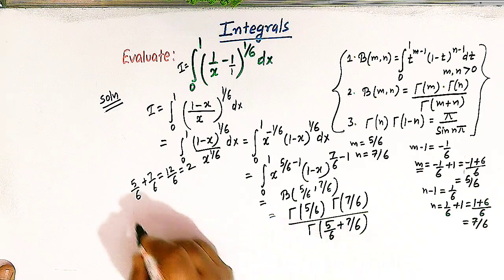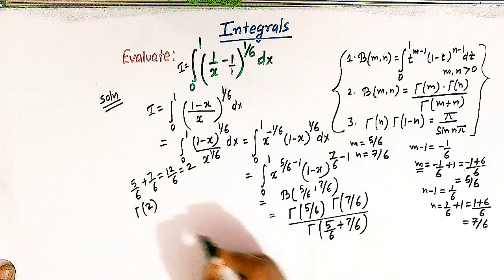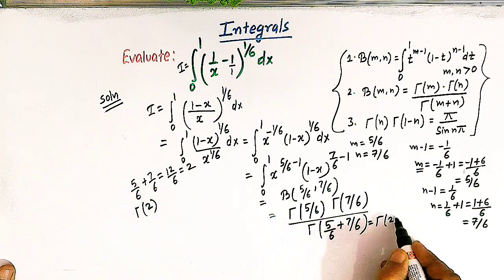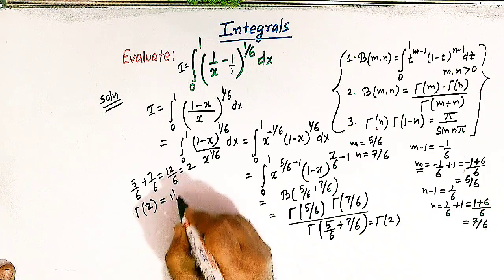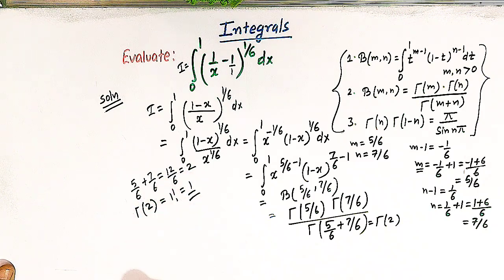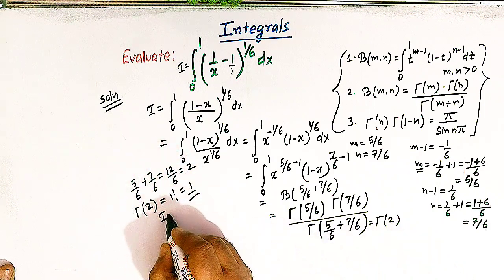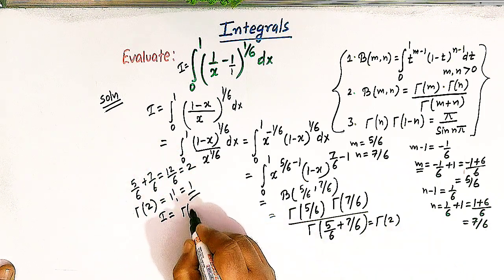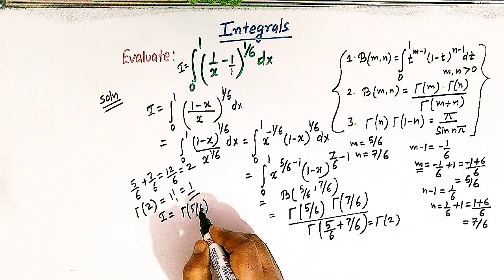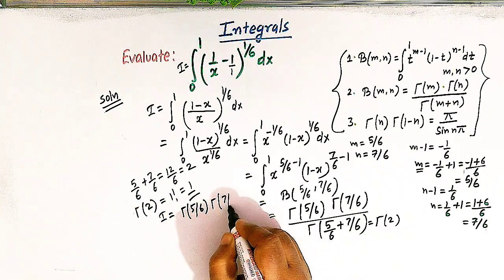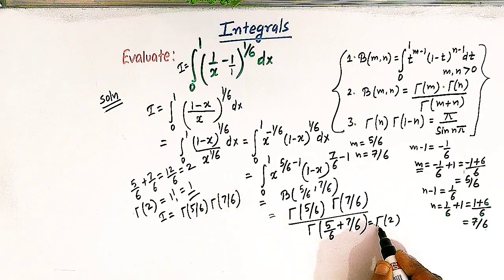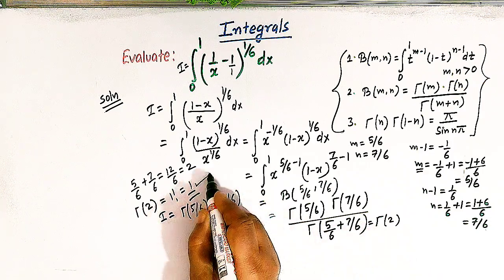So we have gamma of 2 in the denominator, and gamma of 2 is given by 1 factorial, which is equal to 1. So we are left with I is equal to gamma of 5 over 6 times gamma of 7 over 6, because the denominator is equal to 1.